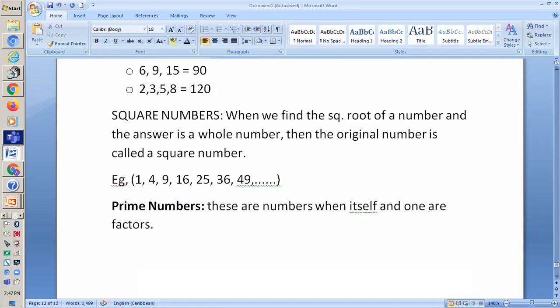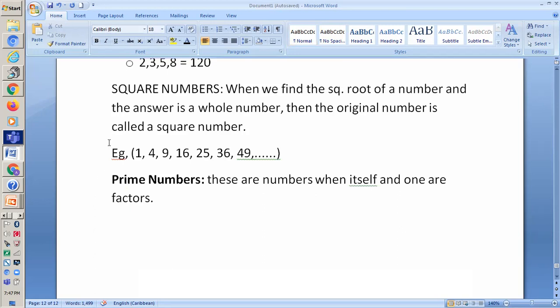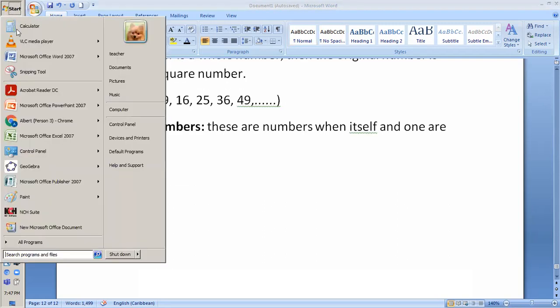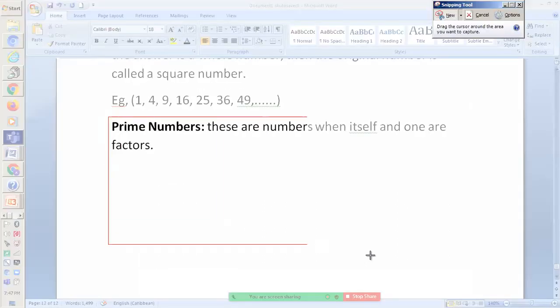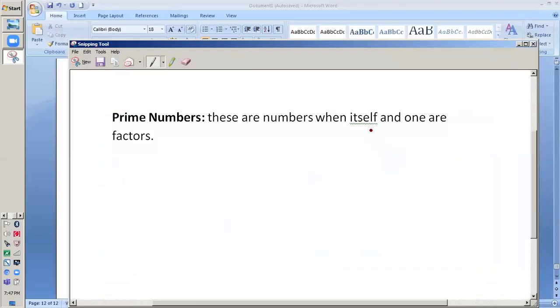Is 6 a prime number? What we do is write out all the factors of 6.